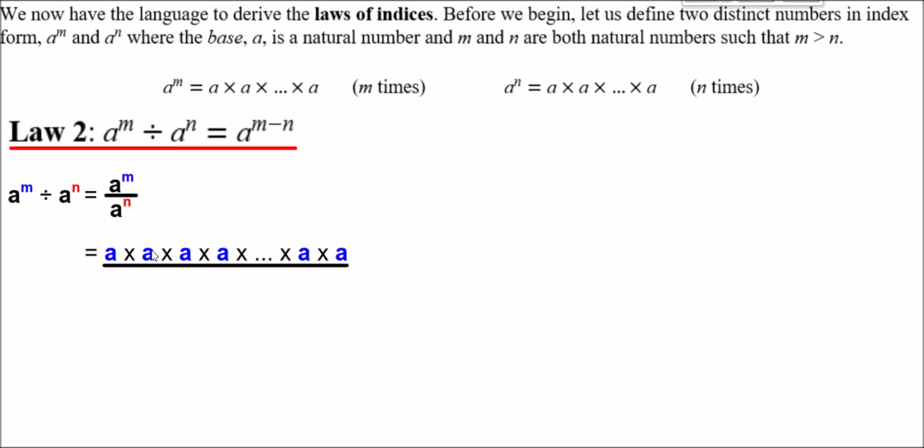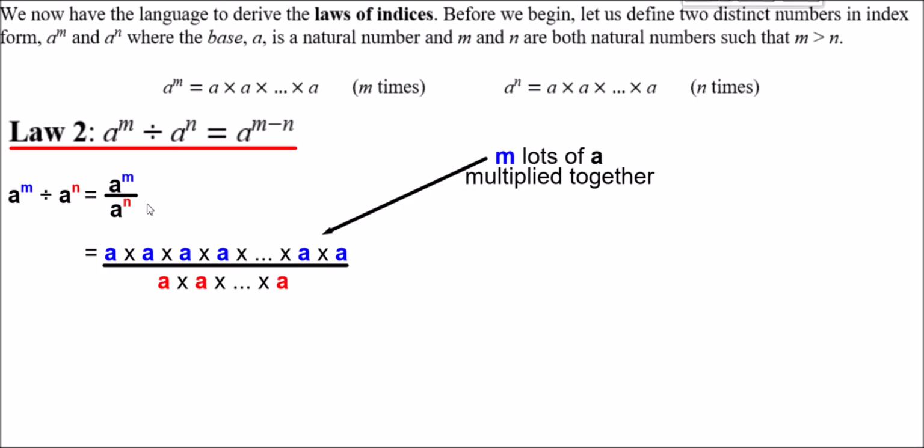So this is a times a times a, all in blue. This is m a's in a line, m lots of a multiplied together. And the denominator here is going to be n lots of a multiplied together.